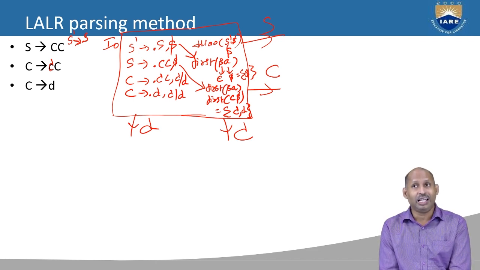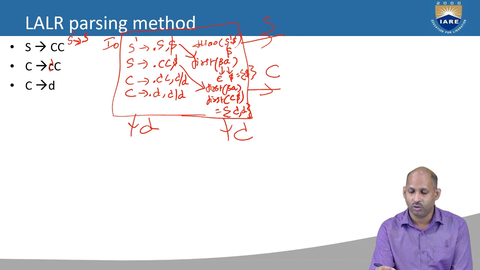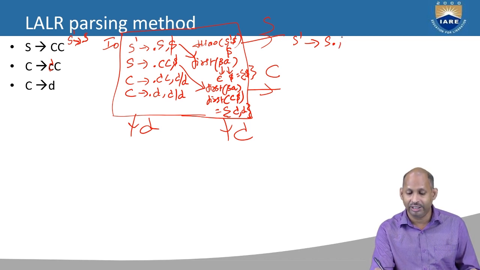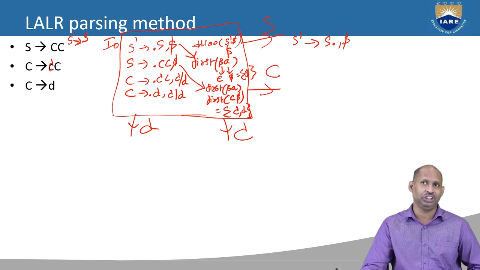When capital S is the symbol, in the goto operation, S dash gives dot S becomes S dot. The lookahead symbol will not be changed.